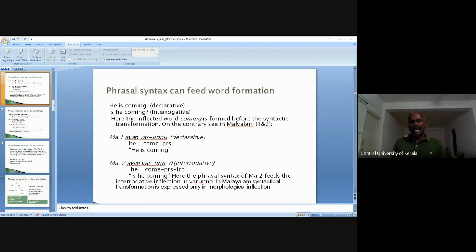It cannot digest all the richness of Indian languages, the structural immanences of Indian languages. Therefore, you should develop morphosyntax.